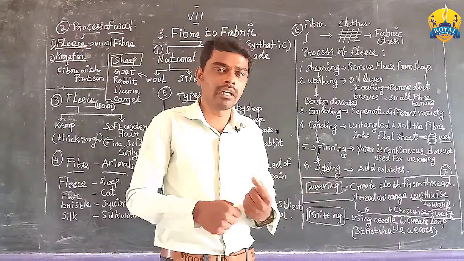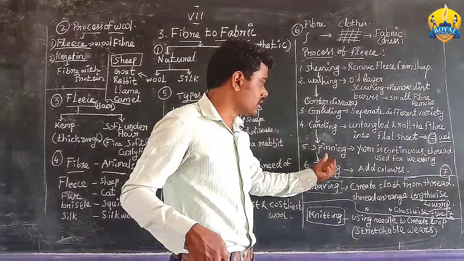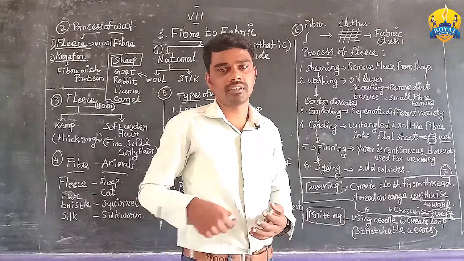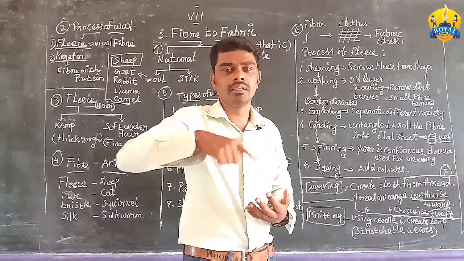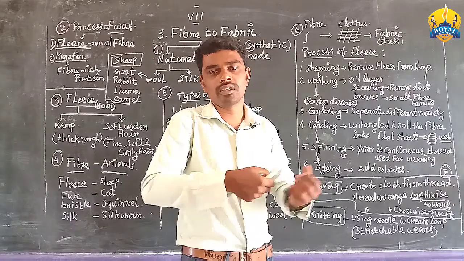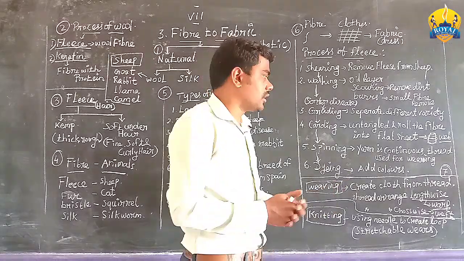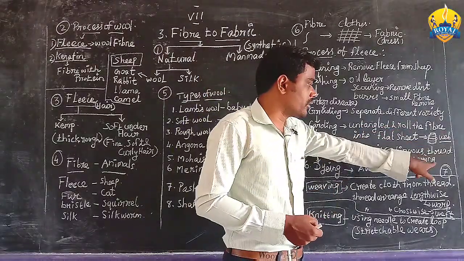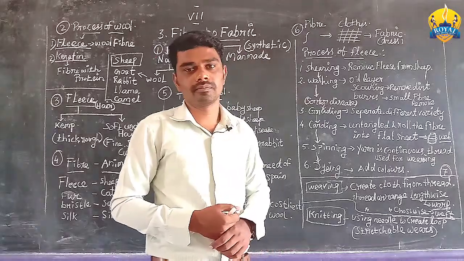The longer thread is formed by the spinning method, and based on the spinning method, the rolled web is formed. The longest thread, the web, finally becomes woven cloth.